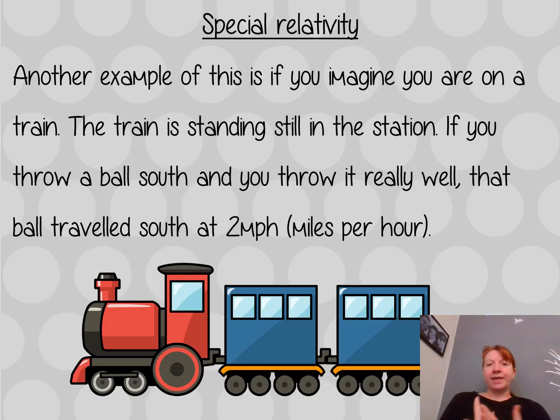So another example of this might make a bit more sense is about the way that things are measured. So if you imagine you're on a train and the train's standing very, very still in the station, not moving, and you take a ball and you throw your ball south. If you were to measure how fast that ball travelled, it travelled 2 miles per hour south because you threw it.